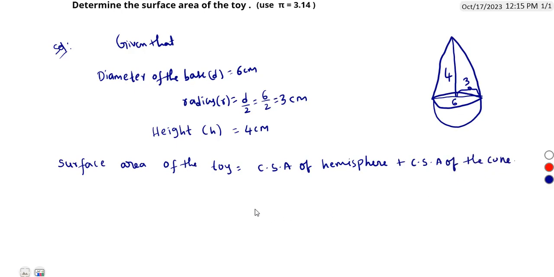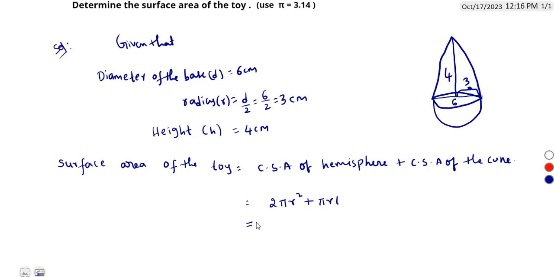What is the curved surface area of the hemisphere? 2 pi r square, plus the CSA of the cone, pi r l.